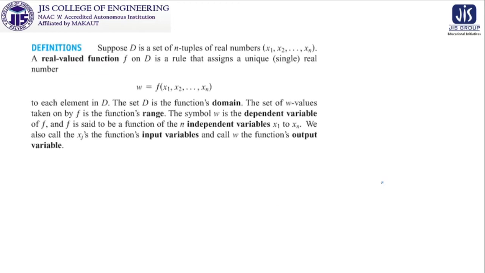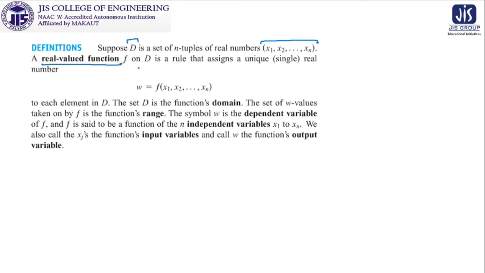So one definition of this several variable function: suppose D is a set of n-tuples, because it is a generalization, and these n-tuples are nothing but n real numbers starting from x1 to xn. Now a real valued function means that after getting these inputs, the output is a real value.